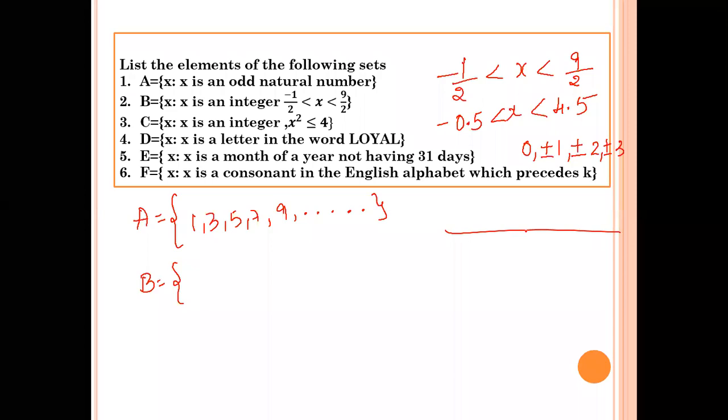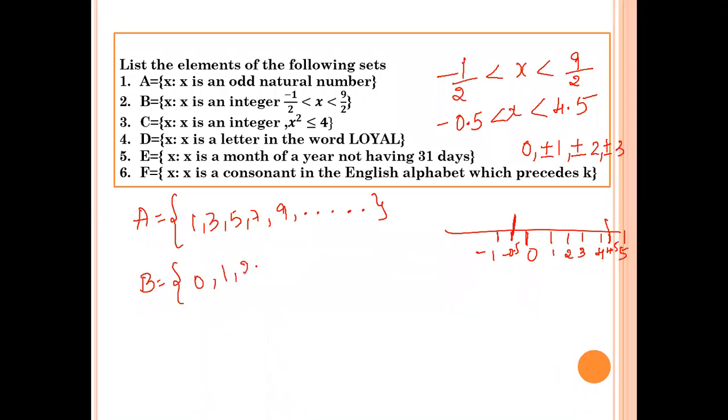If you have the number line, this is 0, this is -1. So where does -0.5 come? Here. Then we have 1, 2, 3, 4, 5, and 4.5 comes here. So what are the integers between -0.5 and 4.5? 0, 1, 2, 3, 4.